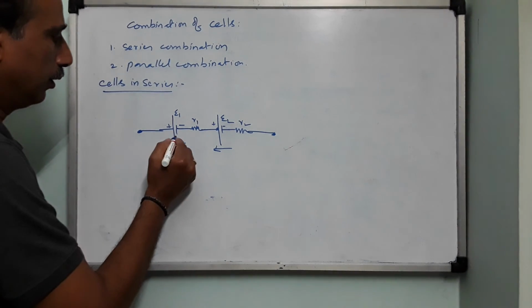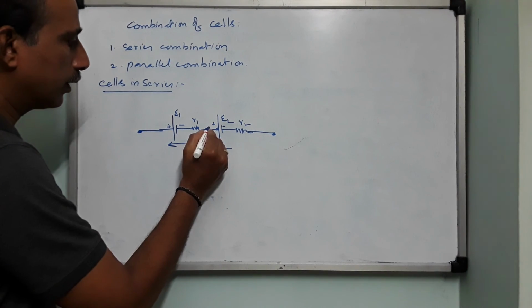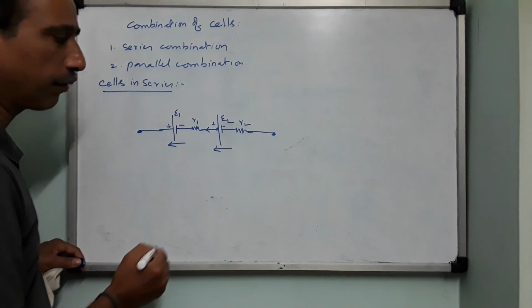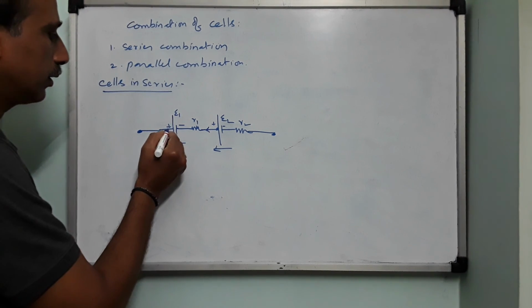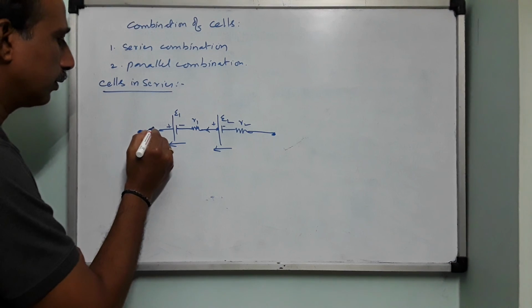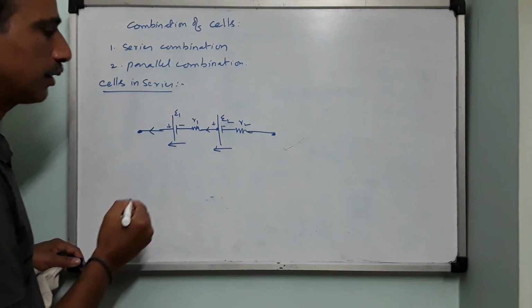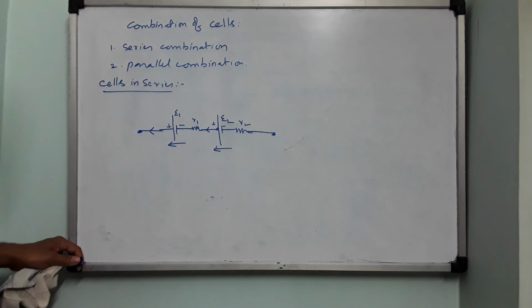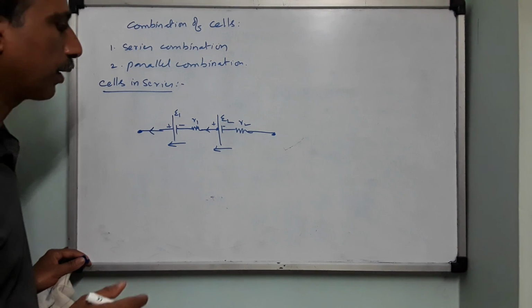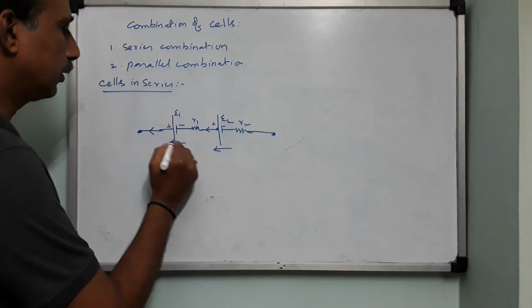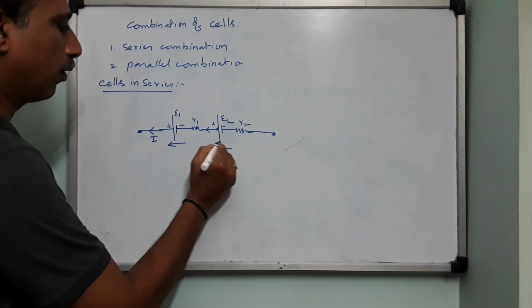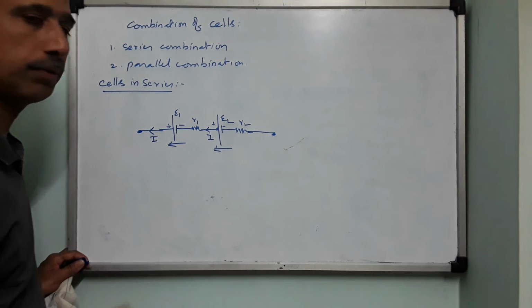So this cell will be sending the current in this direction, away from the positive terminal. This also will be sending the current away from this. As these two are in series, they should have the same current. So the same current I will flow in the circuit.